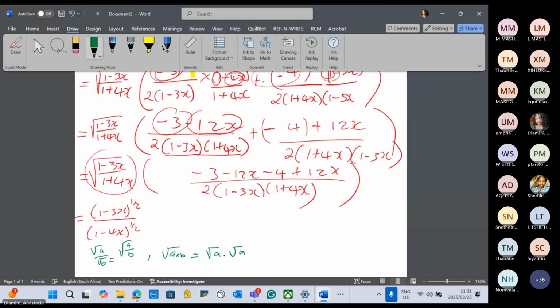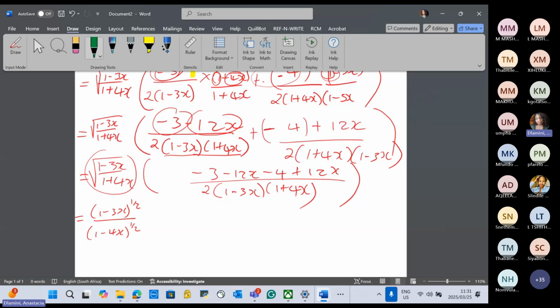Sorry, ma'am. Can't we just put them in the second bracket and then put a single exponent of 1/2? You can. Remember, this is the same thing.